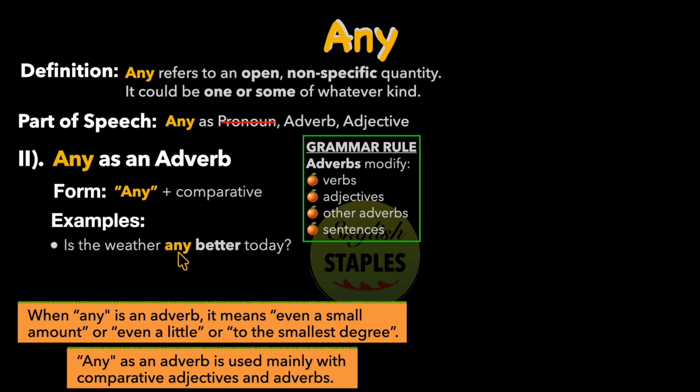So any here is an adverb. How do we know that? Because it's modifying the adjective better. Better here is an adjective and it is describing weather. Better weather.